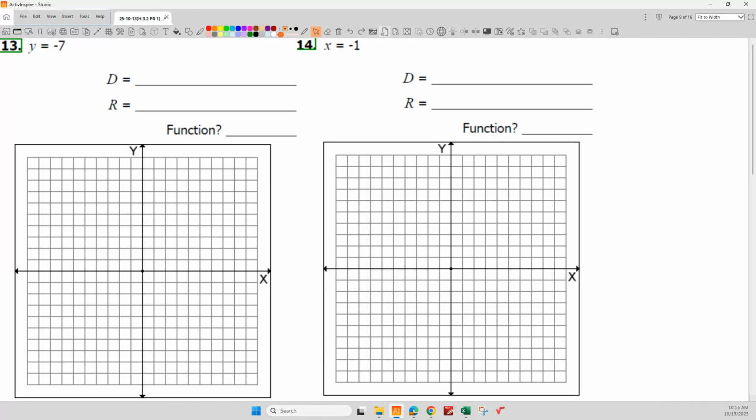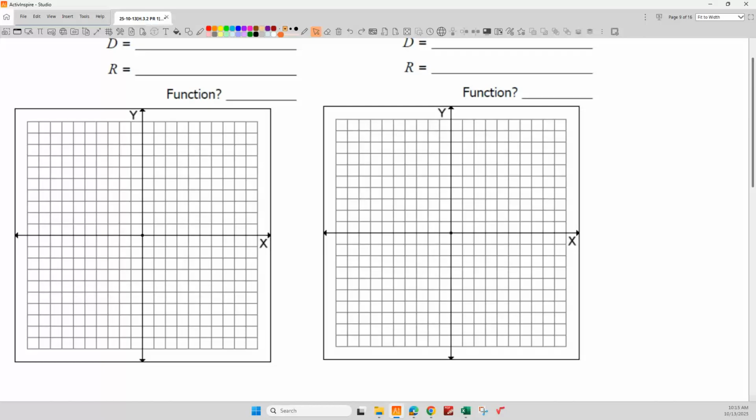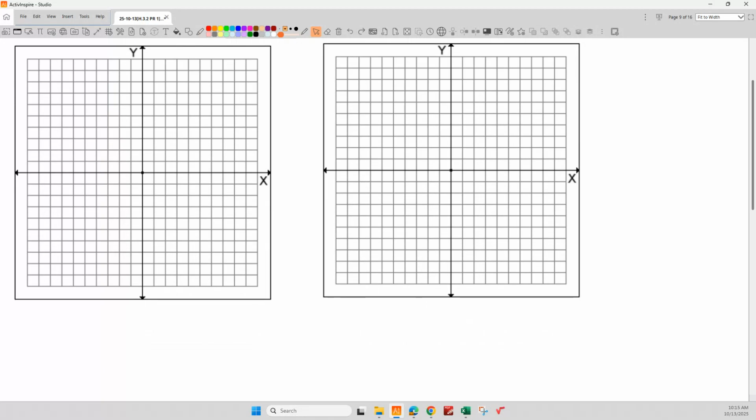X could be anything, but it's irrelevant, because if I know what the y coordinate has to be, I know what this thing looks like, right? It has to look like a horizontal line at -7. So it has to look like that, doesn't it?